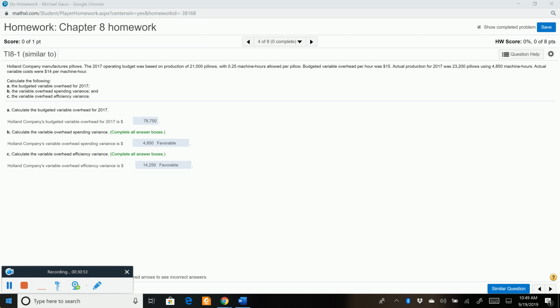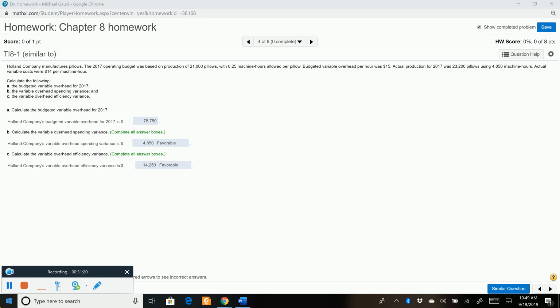So if I take the 4,850 machine hours that were actually used times $14 per machine hour, that was the actual cost, you get a total of $67,900. That was the actual overhead.